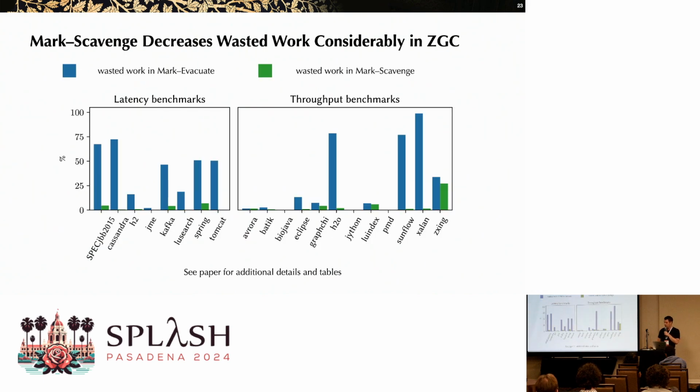So here in the blue bars, we have measured how much wasted work we have when running all of these different benchmarks. The blue bars are mark evacuate in ZGC, and the green bars are mark scavenge in ZGC, and the green bars are very tiny. So most of the time we do a really great job of reducing the amount of wasted work.